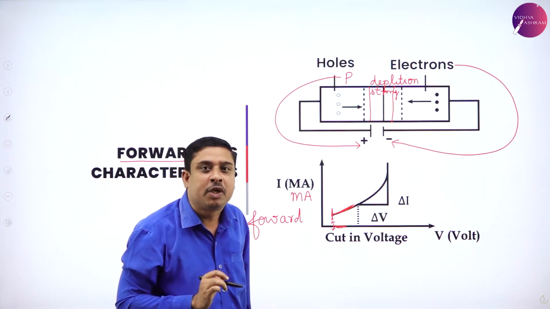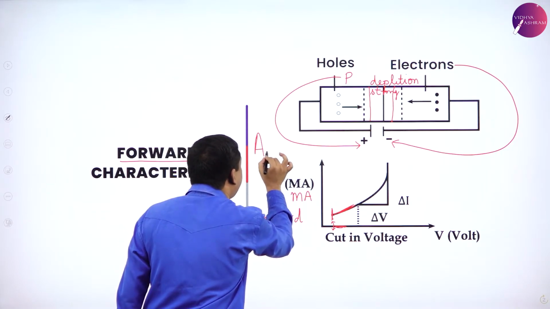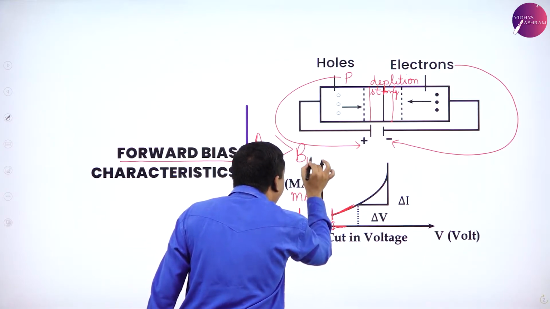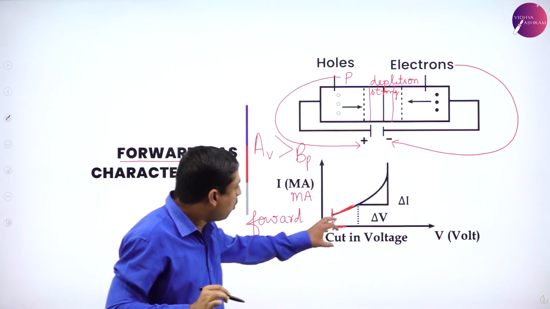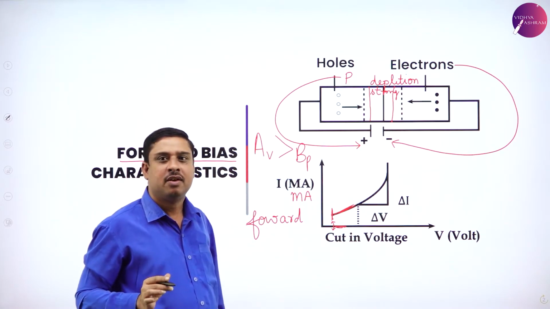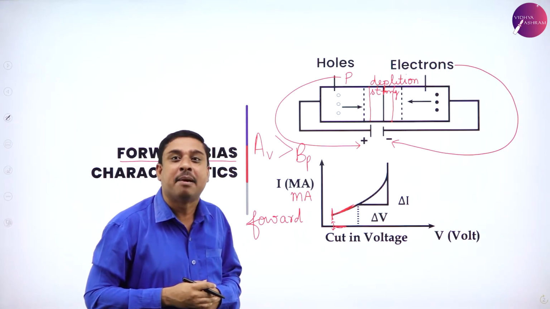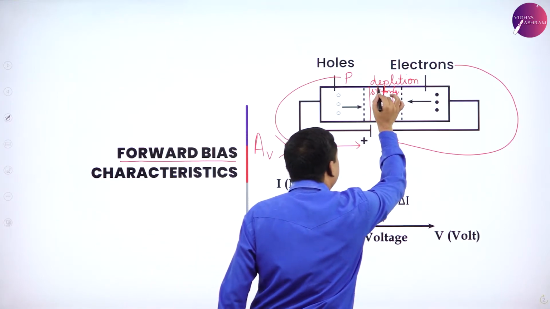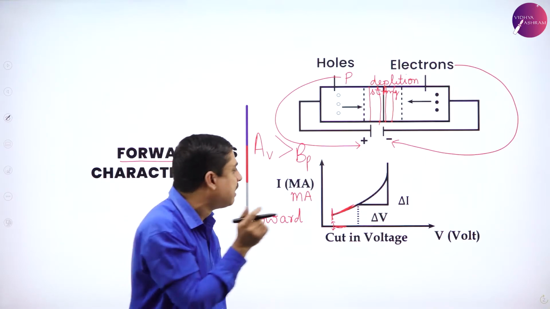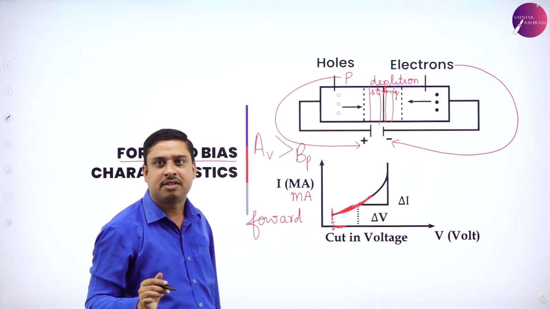For one particular applied voltage, which is greater, very much greater than the barrier potential, the depletion region becomes very, very thin and there is sufficient conduction of current.